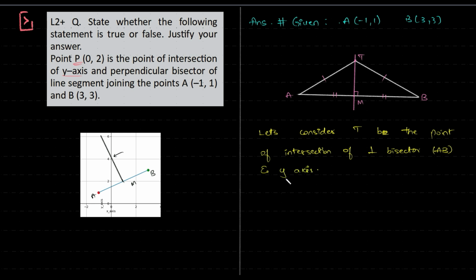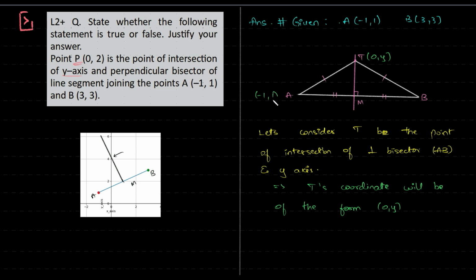Because of this, T's coordinate will be of the form, what guys? Yes, 0, y. So this would be of the form 0, y.